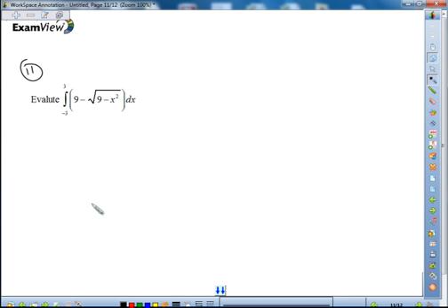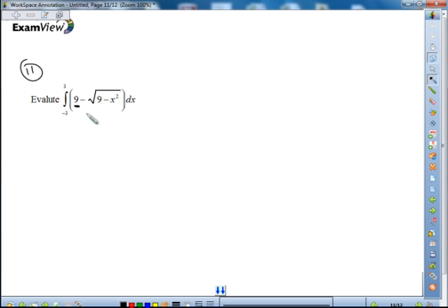Number 11, we're going to evaluate the integral from negative 3 to 3 of 9 minus square root of 9 minus x squared. So what you need to do is graph it first to see what this is going to look like. This is a semicircle with radius 3, and the negative means that I want the lower part of the circle.